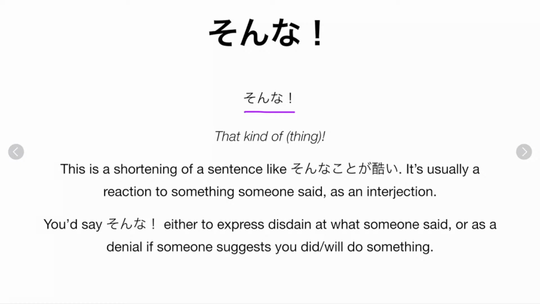Then sonna is like, no way, I would never do that kind of thing, right? That's how sonna works, just on its own. You're going to hear especially anime girls say this a lot in shows. So if you just hear sonna, they're disagreeing or expressing some disappointment with what the other person has said. Some kind of not agreeing. It's like, hey, you can't say that.